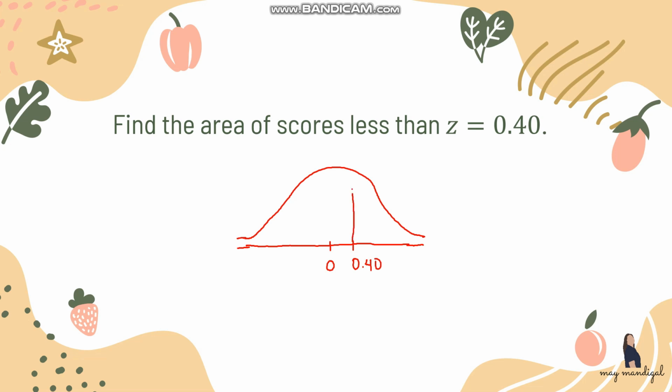So let's write the boundaries, less than. Since this is less than, again, we're going to identify the area to the left of our z-score 0.40. So like what we did a while ago, all you have to do is just look for the value in the z-table for 0.40, and that will give us now the area of our z-score.